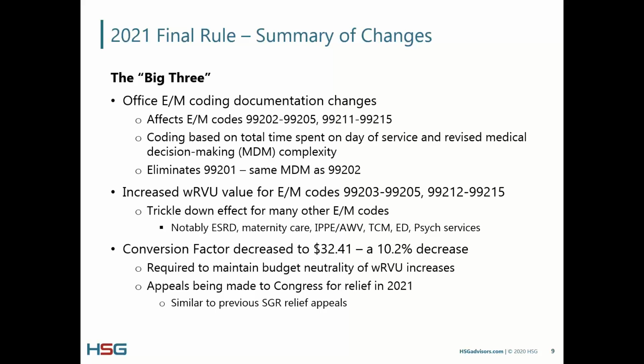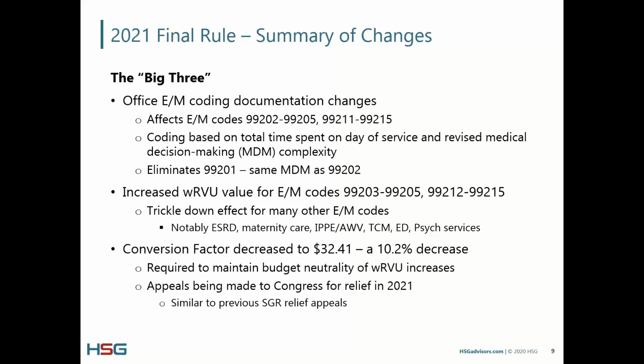So the total cost on the CMS budgetary side has to be neutral. So it's a zero-sum game. And with the increase in values of the E&M codes that again were finalized in 2020 and codified again this year, that they would go into place on January 1st of 2021, there had to be a concomitant decrease in the conversion factor.